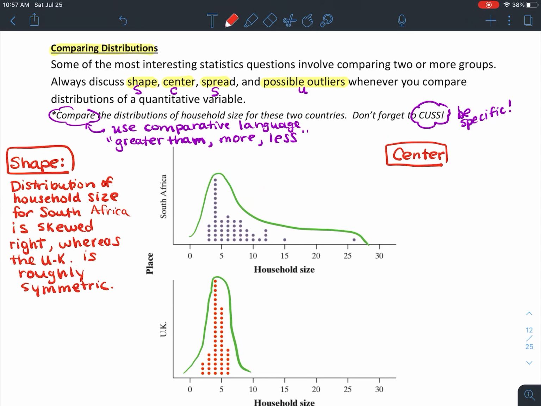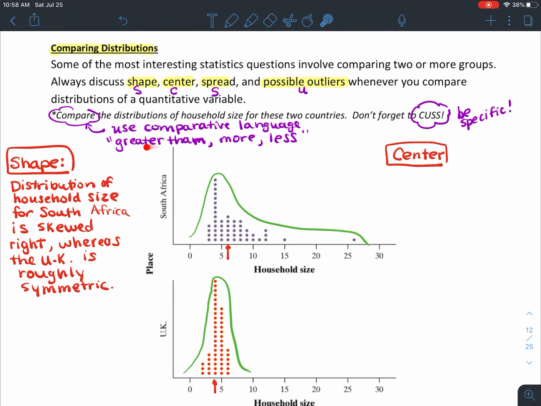So if I want to find the center, I'm going to work my way from left to right until I hit where the 25th dot is. Okay, the 25th dot is landing right here, which is probably at 6 people in the house. If I were to do that same thing with this distribution down here, the middle dot falls right there around 4, okay?